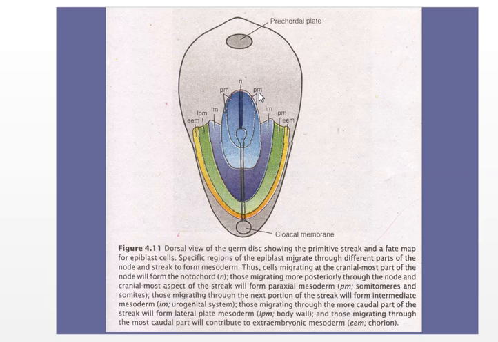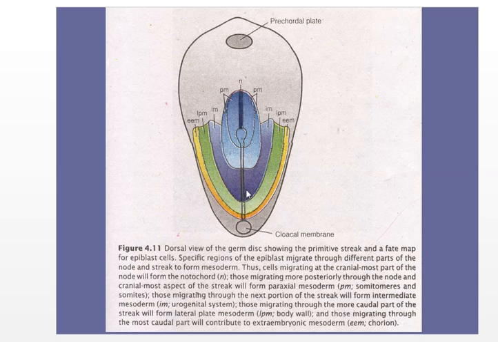As you know, the paraxial mesoderm makes the somites and somitomeres. Those migrating through the next portion of the streak, the midline, form intermediate mesoderm, and in the future this area makes the urogenital system.